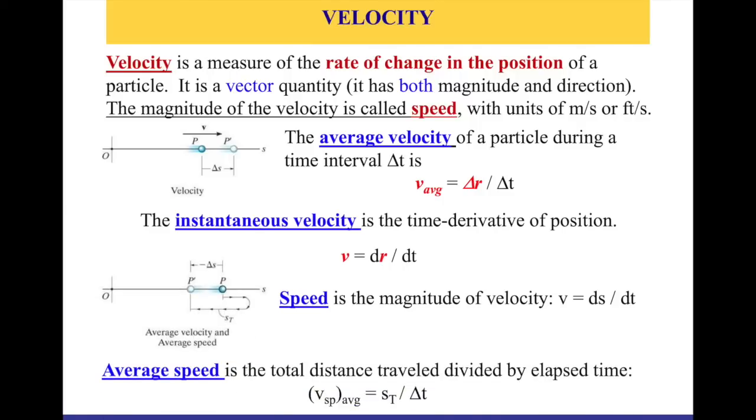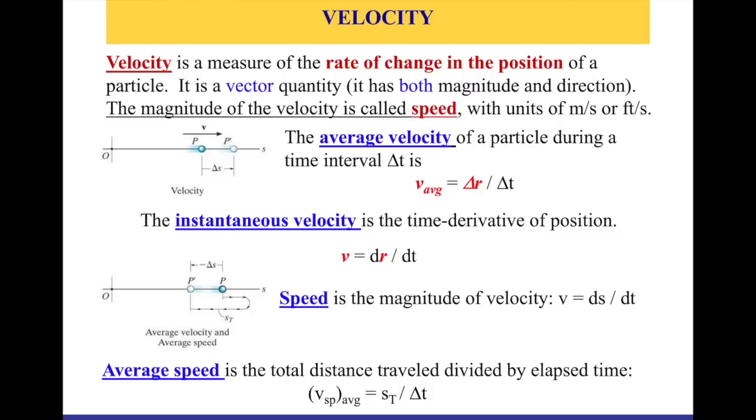There's another quantity that's very important in kinematics and dynamics in general, which is called the average speed. Speed is a scalar quantity, so average speed is always positive because it is related to the total distance traveled, s_t, which we identified in the previous video.